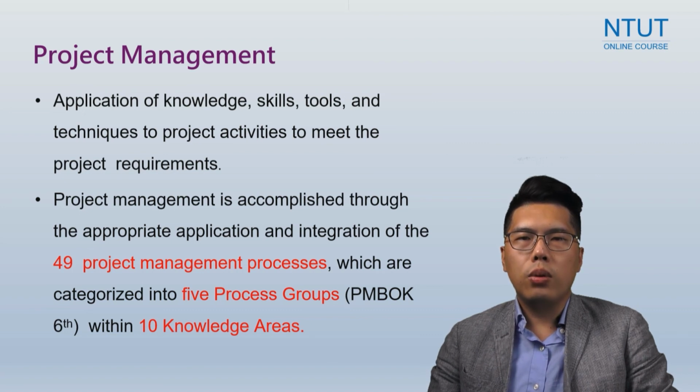Okay, so project management is accomplished through the appropriate application and integration of the 49 project management processes, which are categorized into 5 process groups, within the 10 knowledge areas.